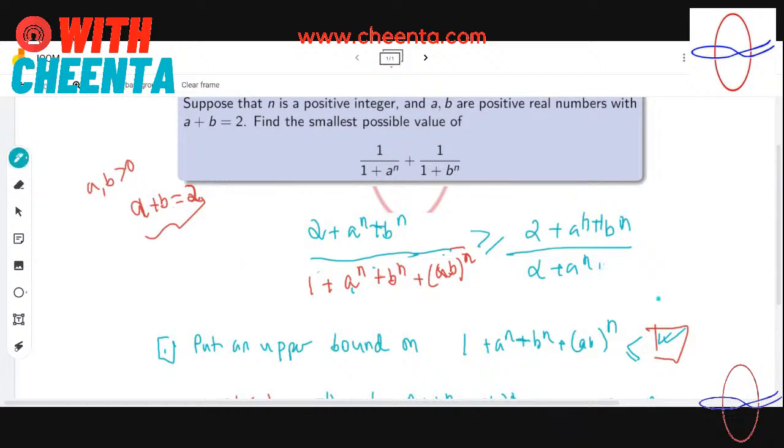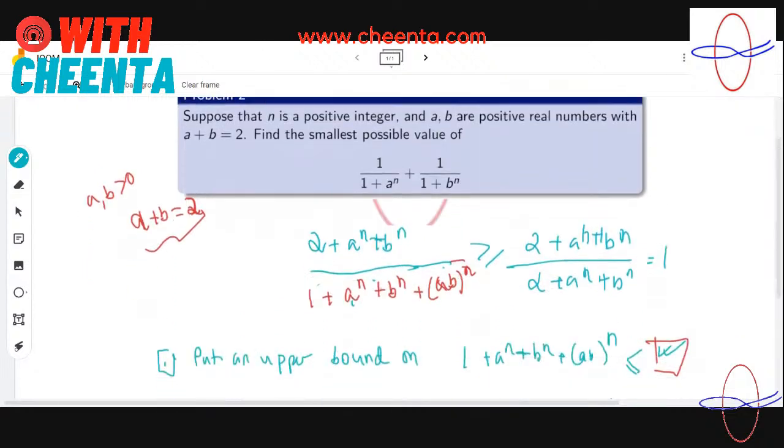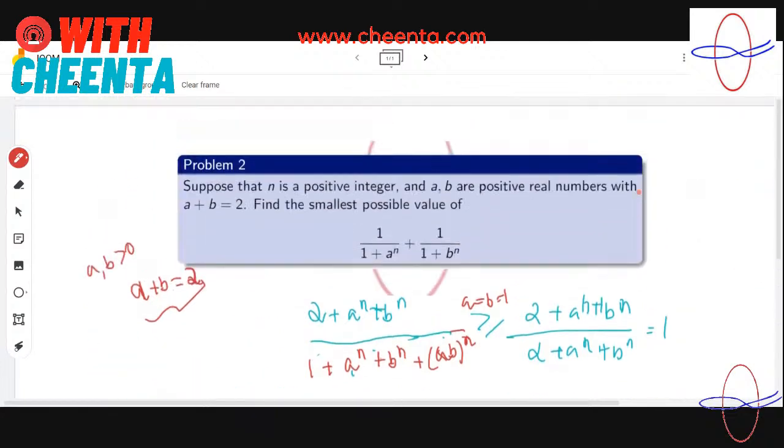Okay. And the minimum value occurs at which values of a and b? The minimum value occurs at a equal to 1 and b equal to 1, because that's when the inequality becomes equality.